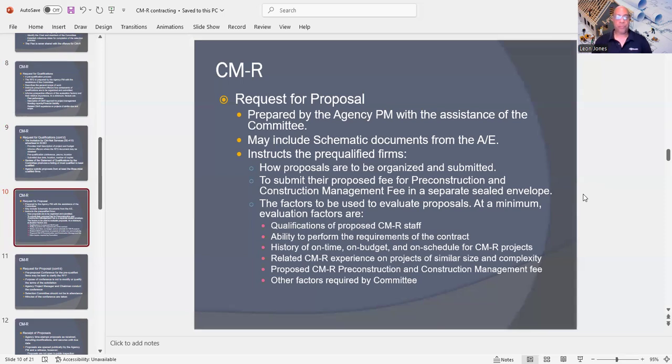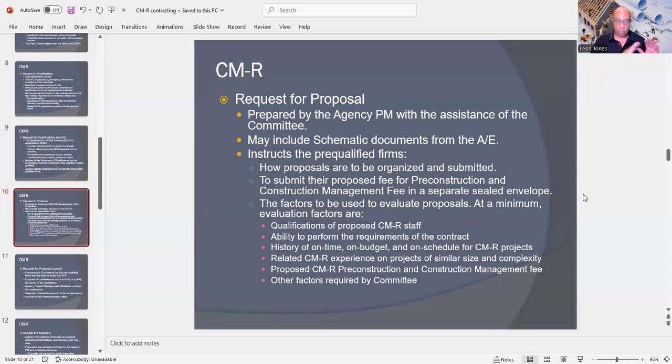And also, the factors to be used to evaluate proposals. At a minimum, the evaluation factors are qualifications of proposed CMR staff, the ability to perform the requirements of the contract. Then you have to look at history, and history is going to be on time, on budget, and on schedule for CMAR projects.